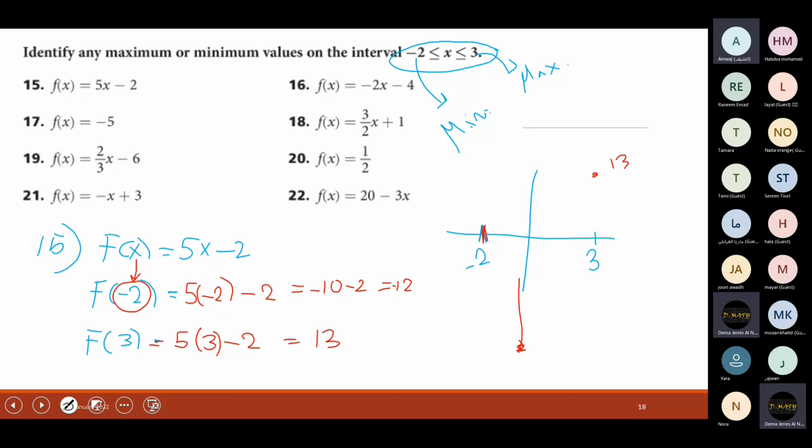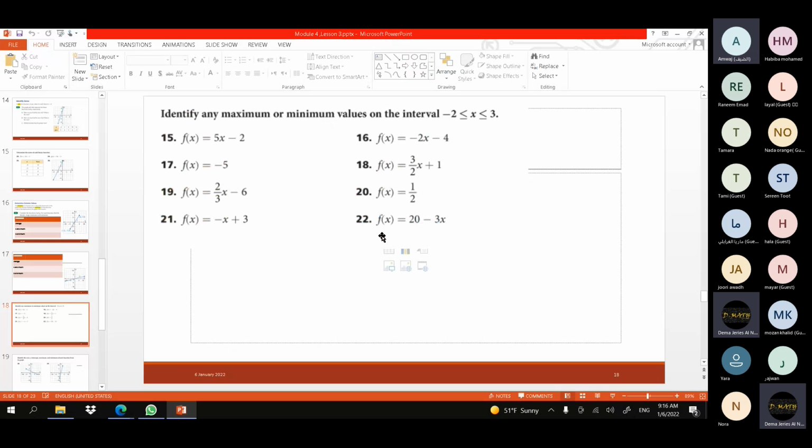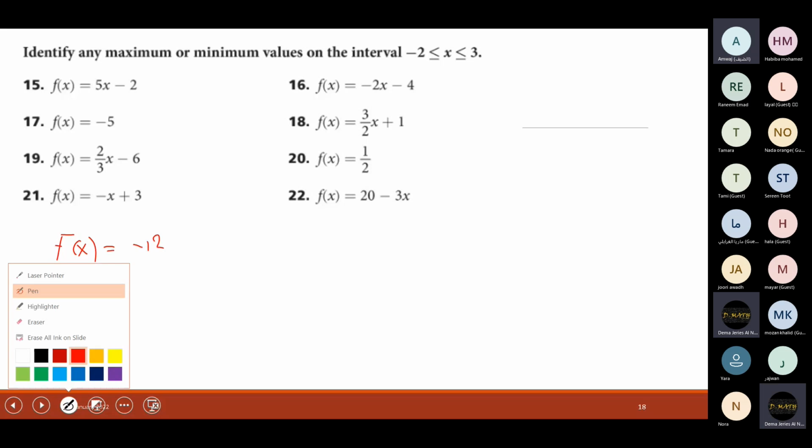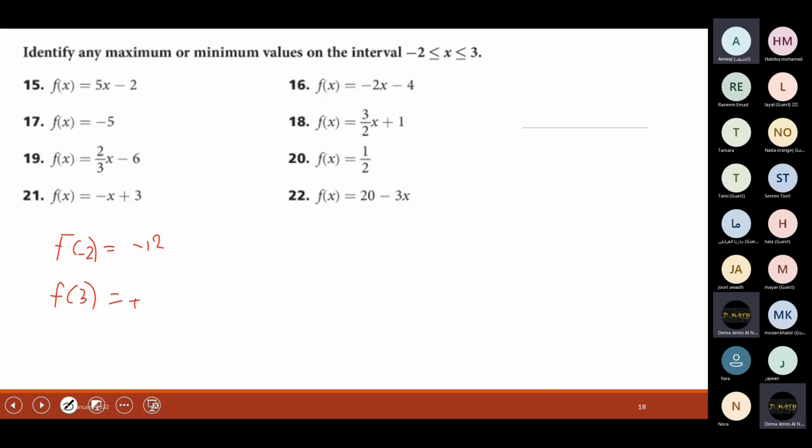So when you draw a line, as an example, oh no, my drawing is not so accurate. So we say that f of -2 is -12, and f of 3 is 13.